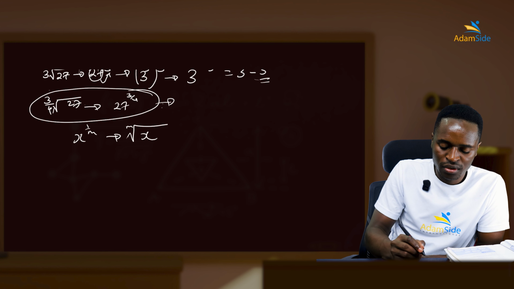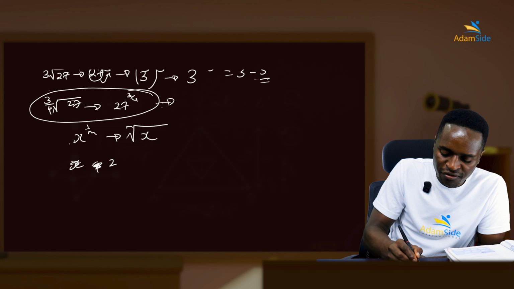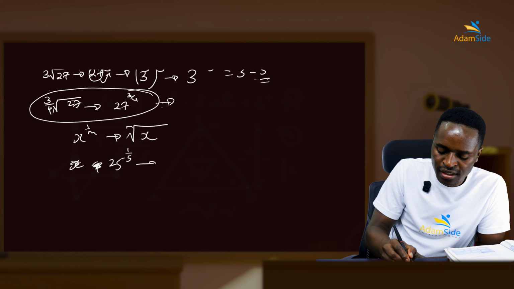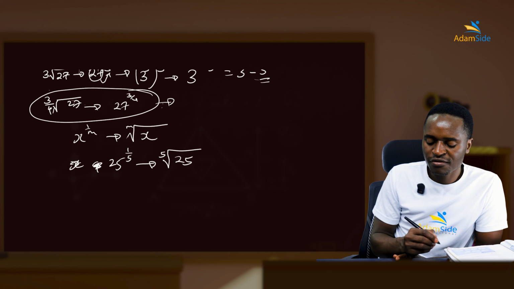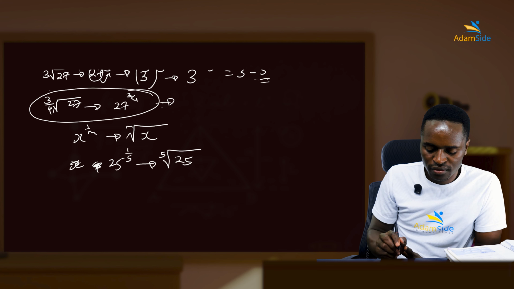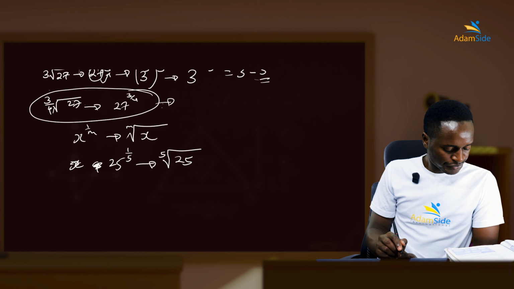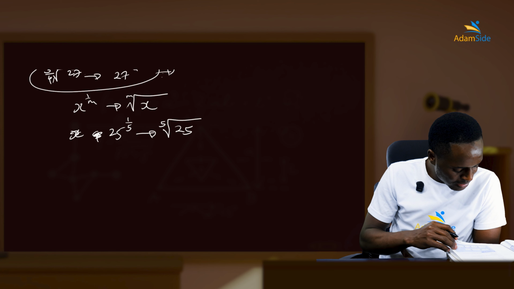So for example, you have 25 power 1 over 5. This can be written as the 5th root of 25. That's it. All right. Now we understand that.